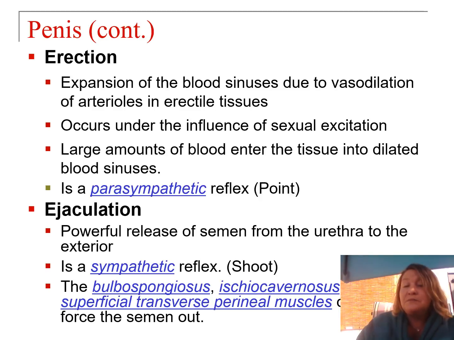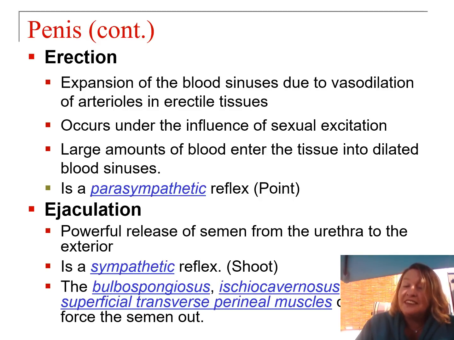This is a parasympathetic reflex. And in med school, I'm sharing with you one of my mnemonics that I will never forget. It's controlled by the parasympathetic, so it's point. Now, ejaculation is defined as a powerful release of semen and sperm from the urethra to the exterior.